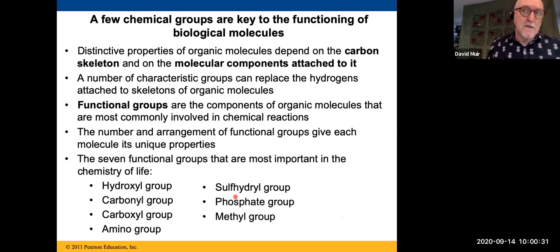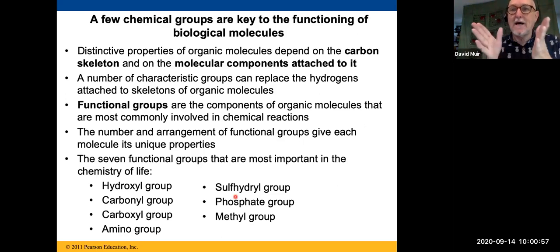And I'll just tell you quickly that if I take a carbon skeleton and all of the available bonds are given to hydrogens, so I only have single bonds between the carbons, and then every other bond has a hydrogen, that we call a hydrocarbon.